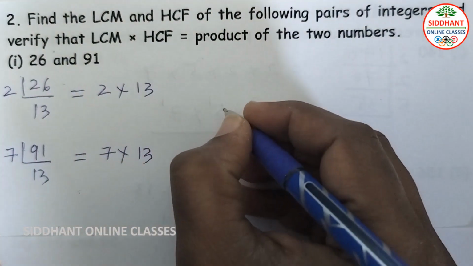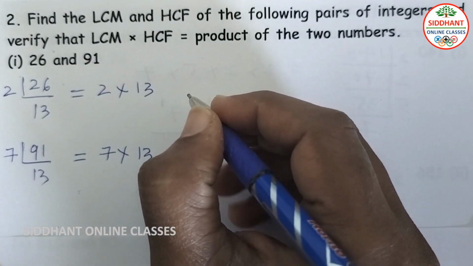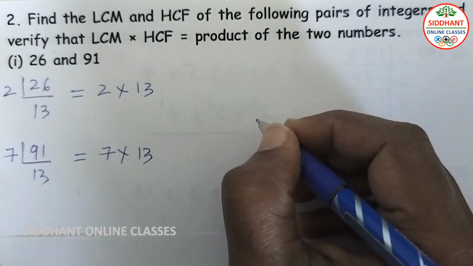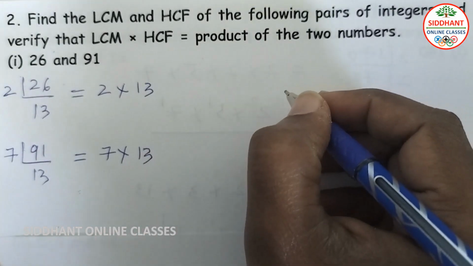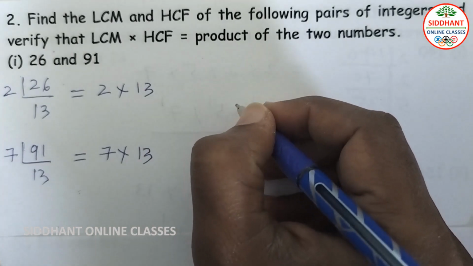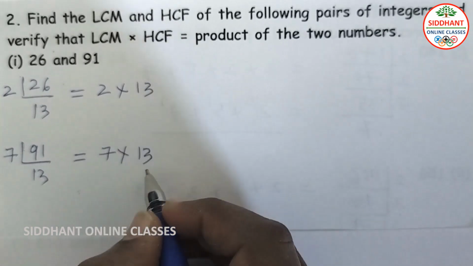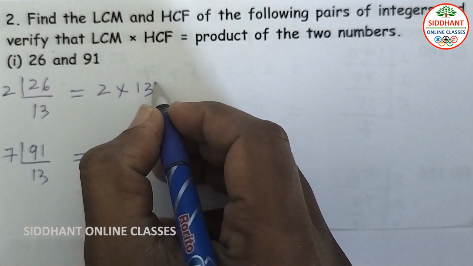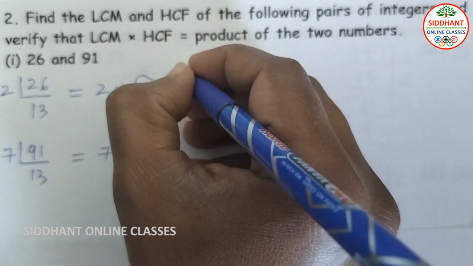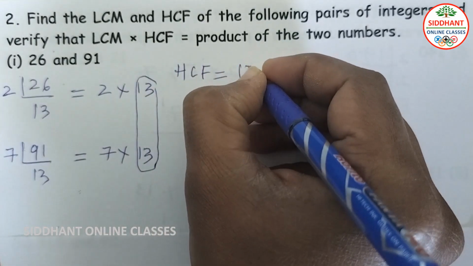We know that LCM is the product of the greatest power of prime factors, and HCF is the product of the smallest power of each common prime factor. Here the common factor is 13, so HCF will be 13.